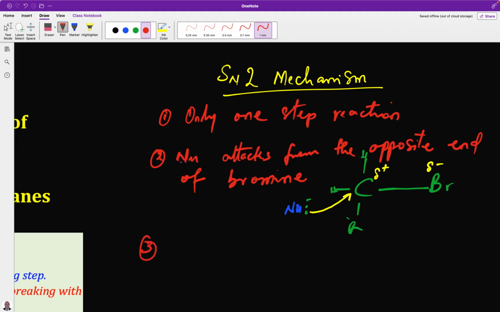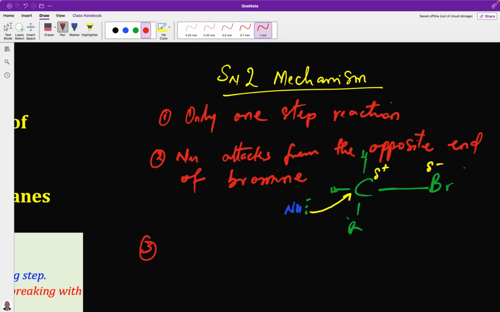Number 3. The partial negative bromine will do what? It hinders the attack from its side. You know, when a nucleophile is coming from this end, the nucleophile is electron rich.